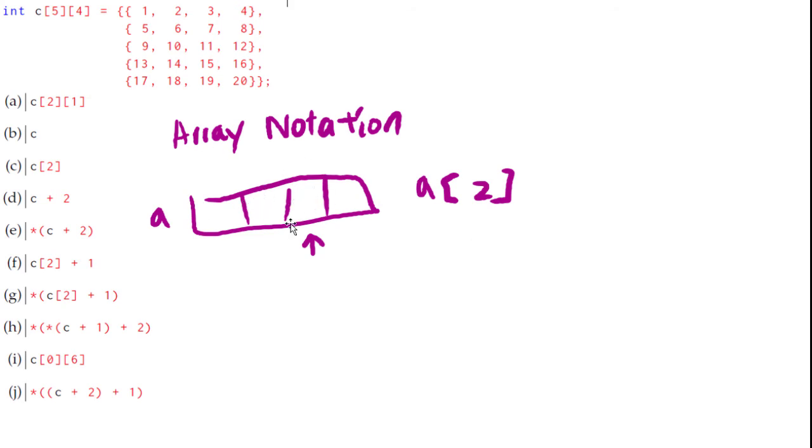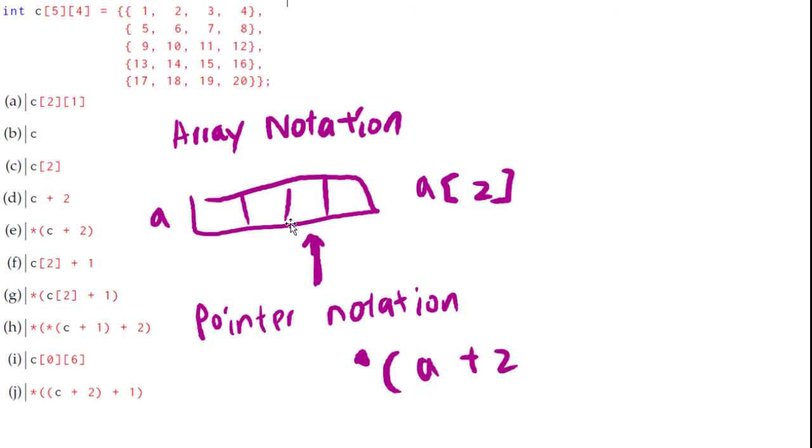So let's look at the second type of notation. The second type is called pointer notation. How is pointer notation different? Let me show you. If you are using pointer notation and want to access the same element, you are going to do it like this: dereference of A plus 2. This is pointer notation.